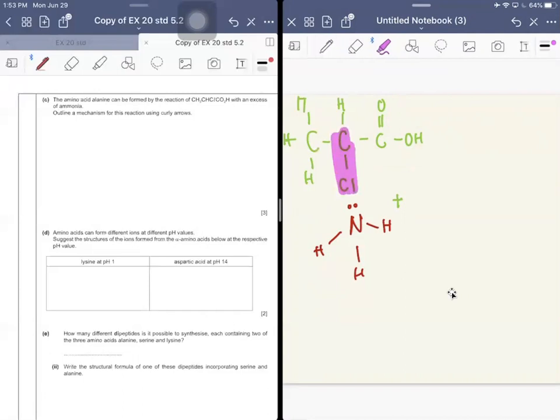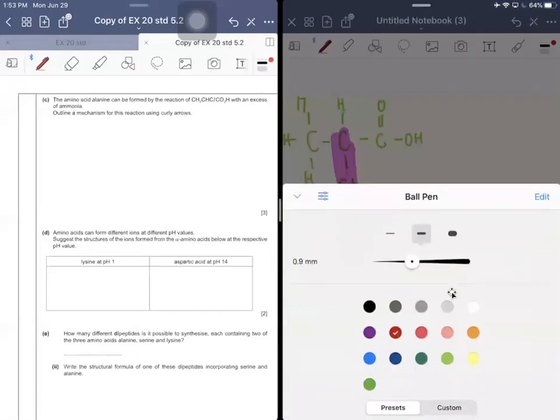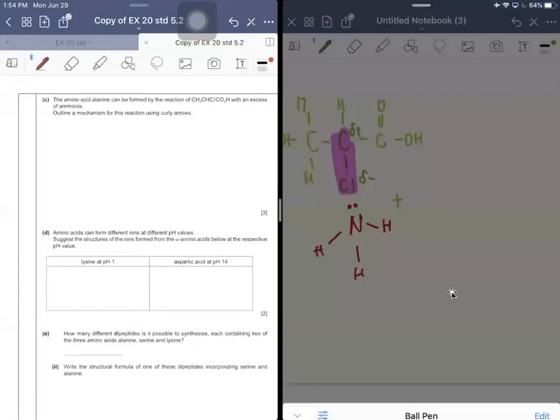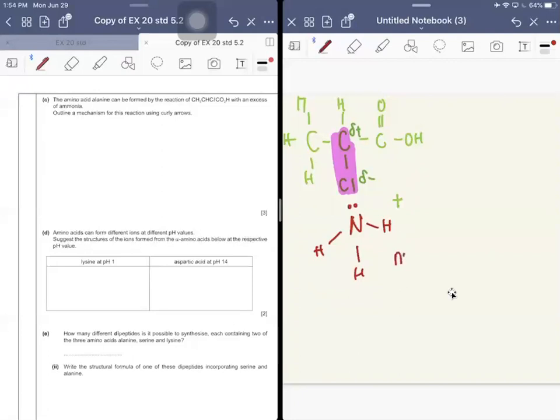Carbon and chlorine have very different electronegativity values, with chlorine being more electronegative, so it will develop a slight delta minus, a slightly negative charge, and that makes the carbon slightly positive. In this reaction, ammonia is acting as a nucleophile, therefore nucleophilic substitution.